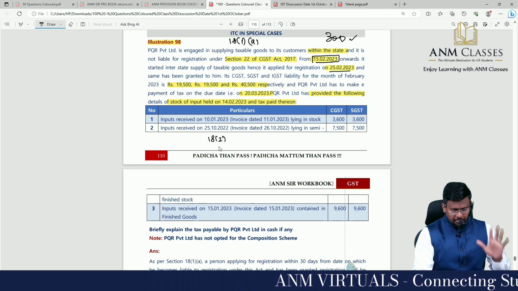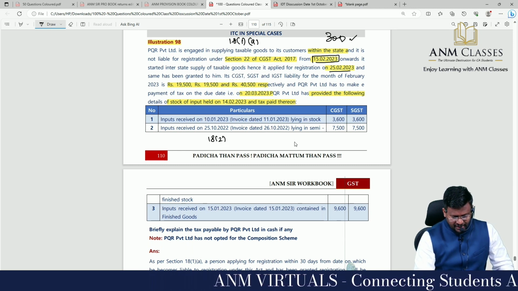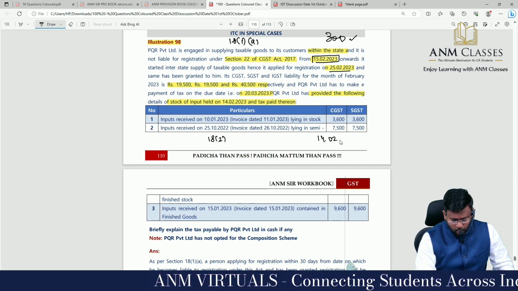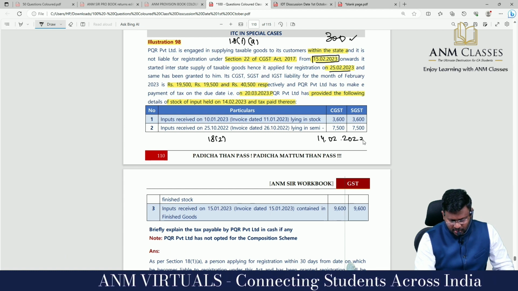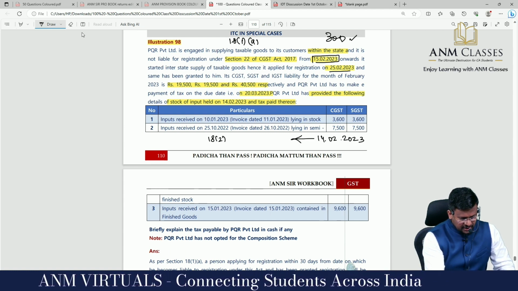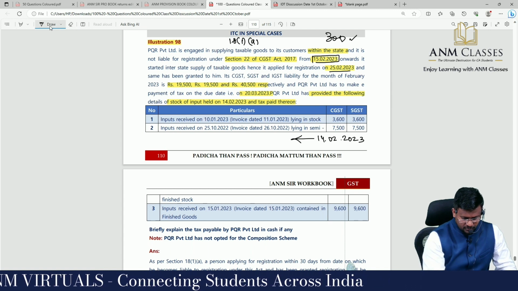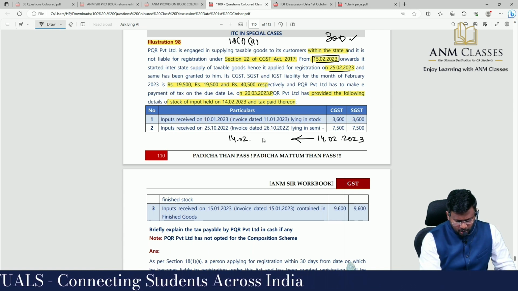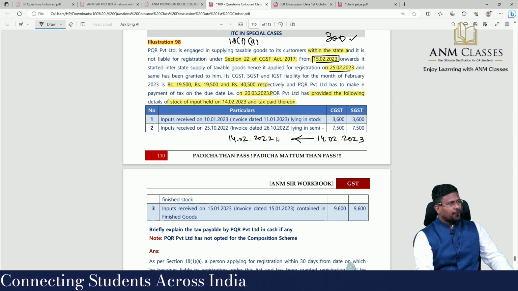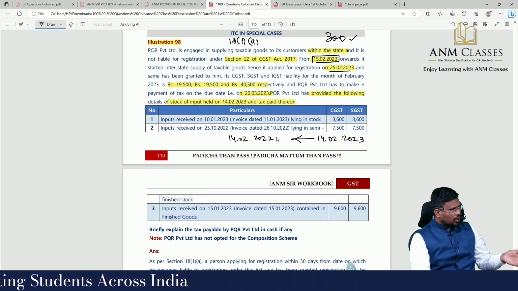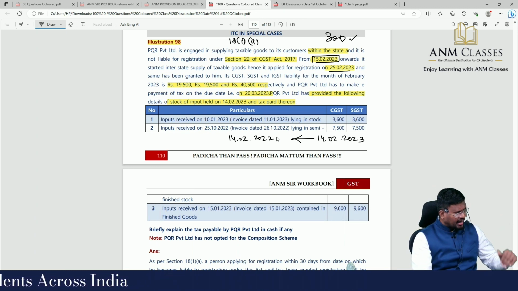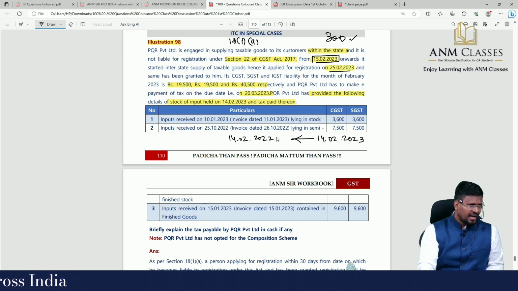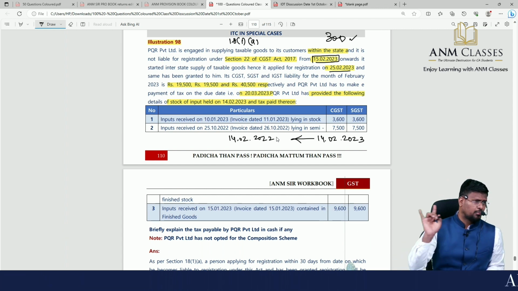That means, my dear lovable students, the effective date is 14/2/2023, and if you go back one year, the date is 14/2/2022. So for all purchases made after 14/2/2022 you can take ITC. For purchases made before that, you cannot take it.